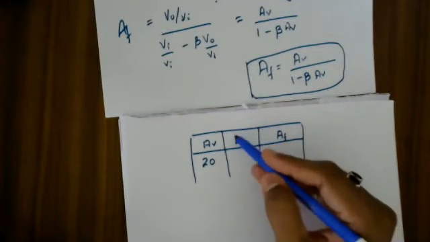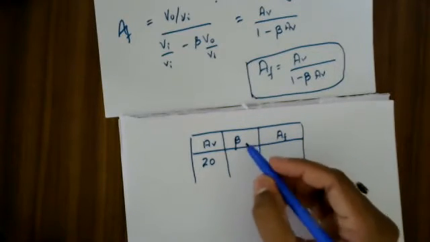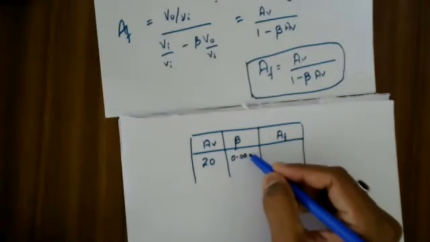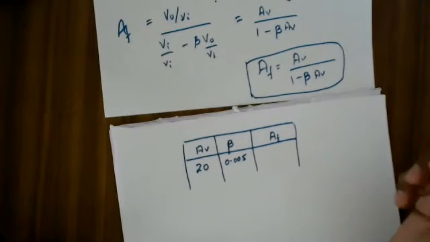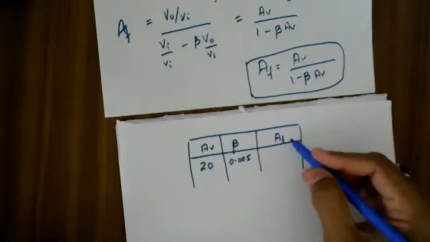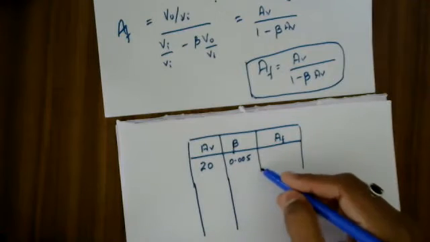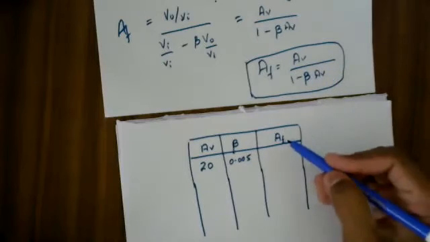And the feedback factor beta is found to be 0.005. Will you compute what's the value of AF? Yes, please work on your calculators and let me know the value of your AF.